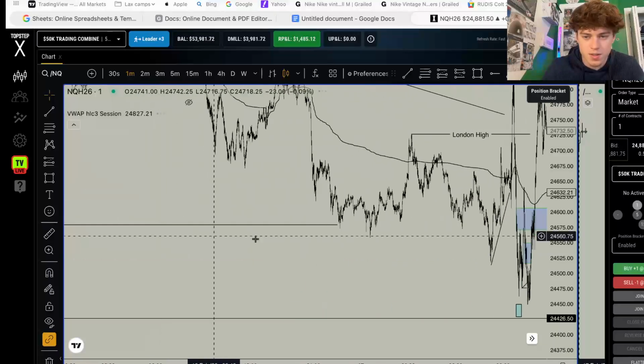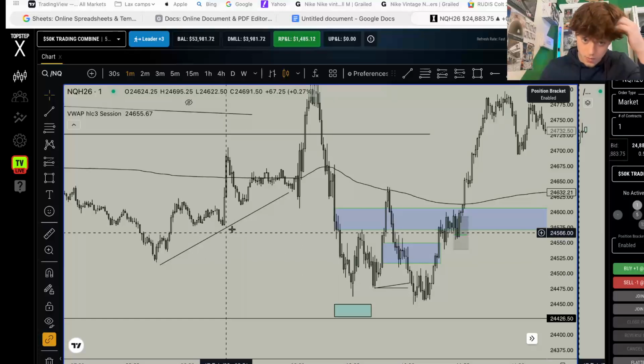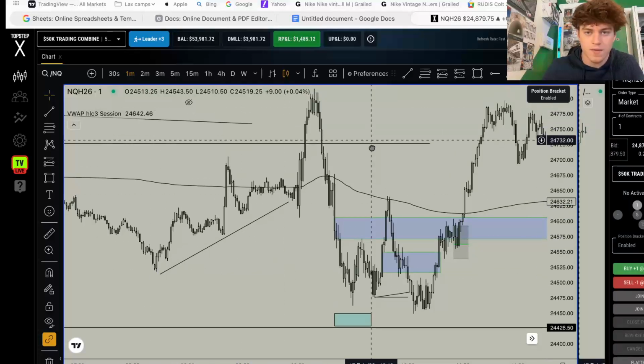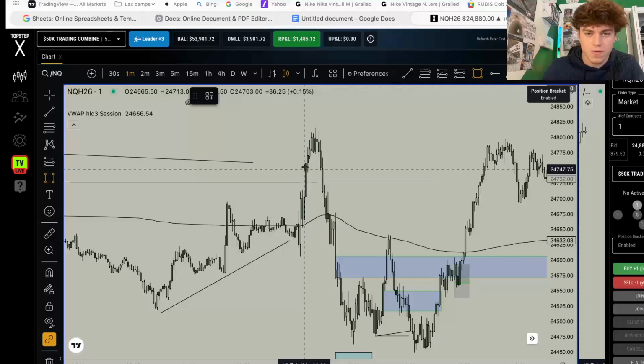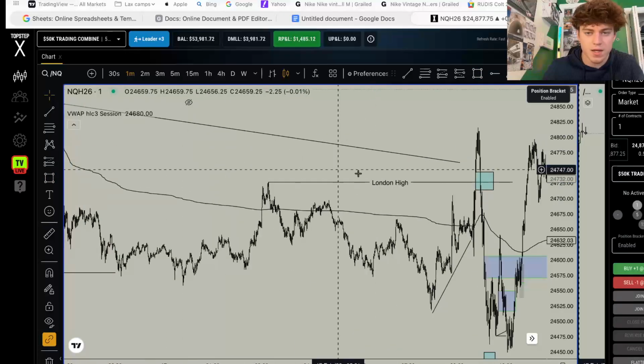So in this case, before 9:50 hits, we have all this sell side right here. We made this huge reversal right here off of sweeping the high inside of London that we had today.